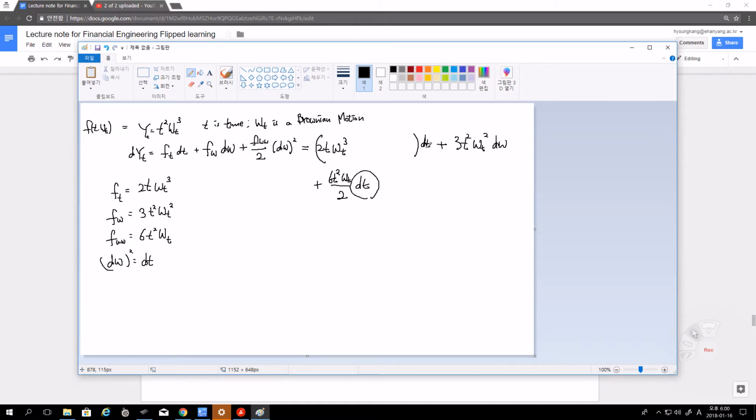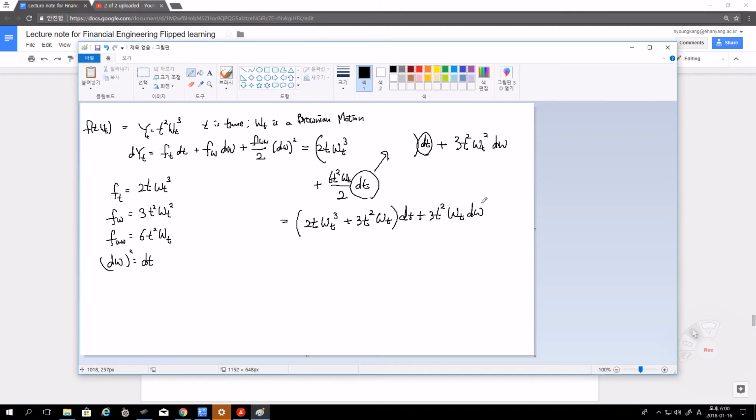So we have the same dt over here. So we plug this one over here, right? So then we have 2t wt third plus 3t square wt and dt plus 3t square wt dw.